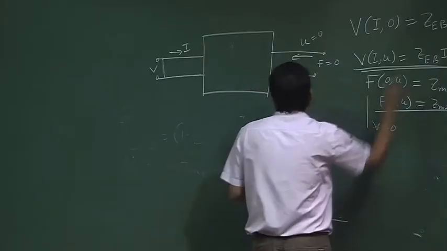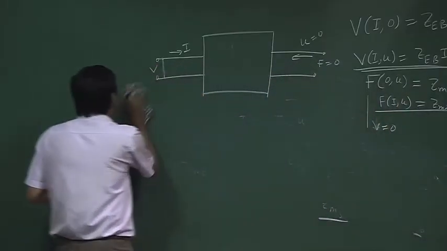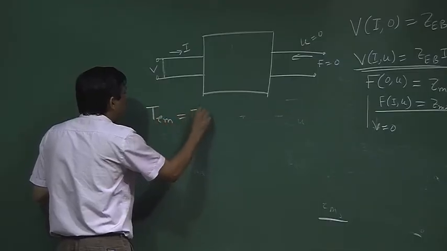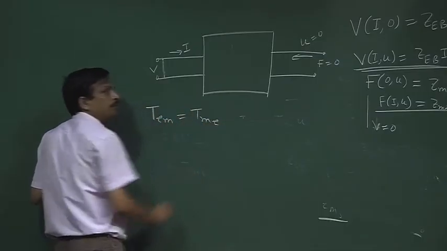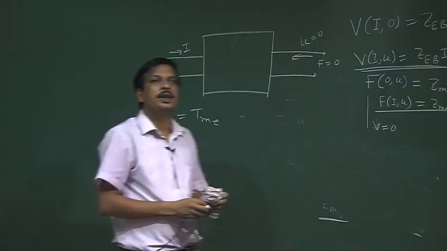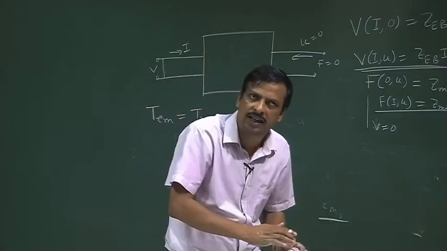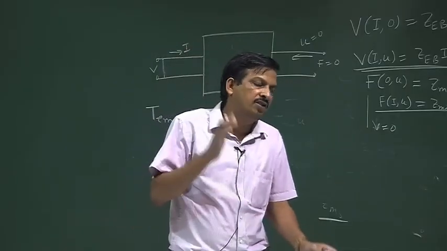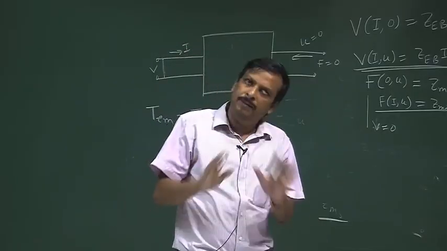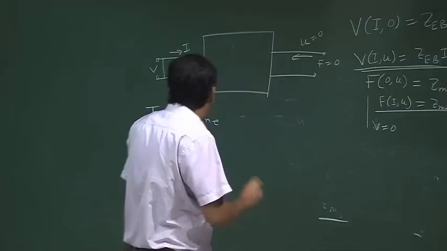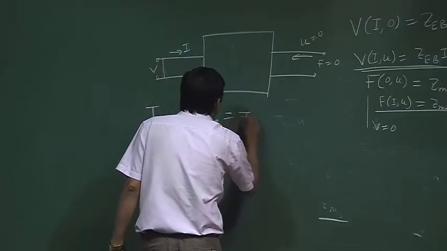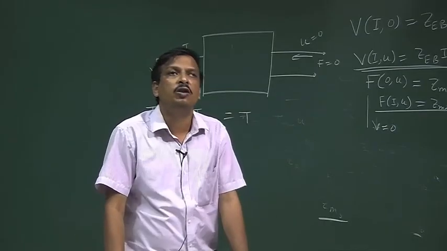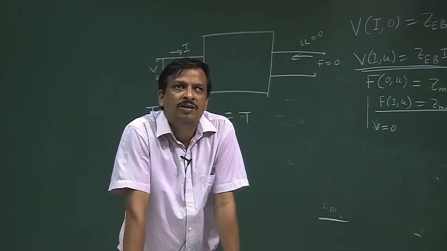Either TEM may be equal to TME, electrical to mechanical and mechanical to electrical, those transduction coefficients may be equal. If it is equal to T, then we call it reciprocal transduction.